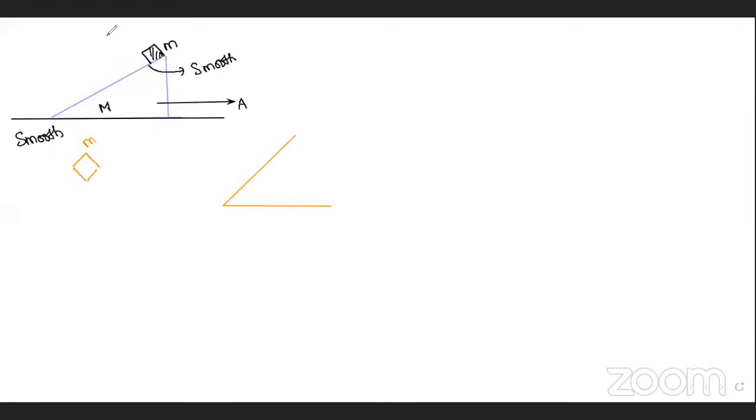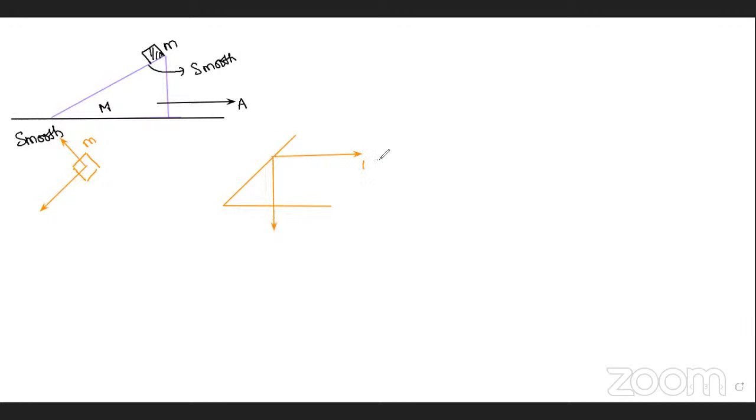Now quickly observe. One, mg sine theta acts along the inclined plane. Number two, here the normal reaction is perpendicular to the surface. Normal reaction means immediately I have to draw the normal reaction here. That normal reaction in the previous class I already resolved, and all of you know those two.